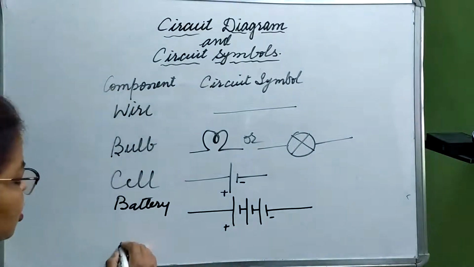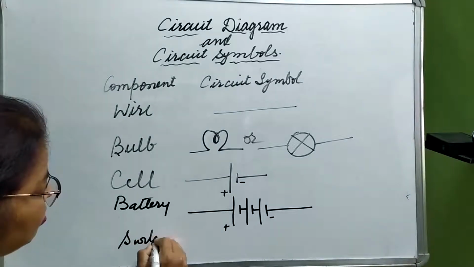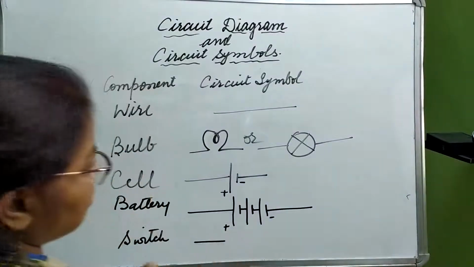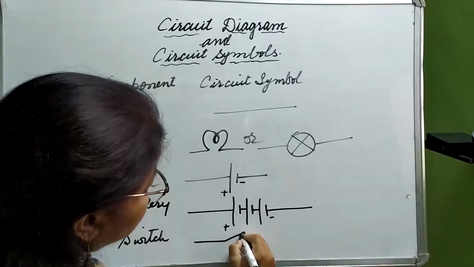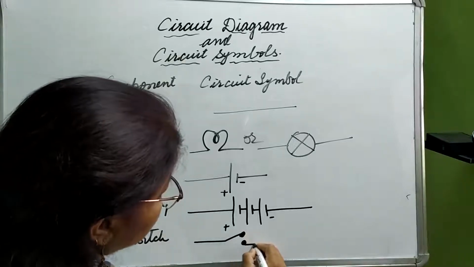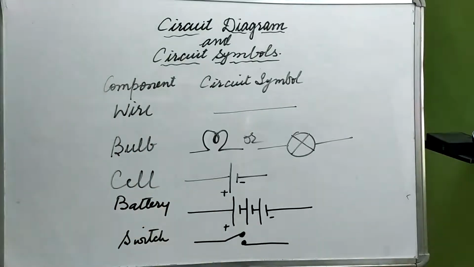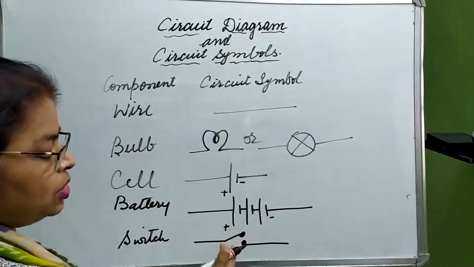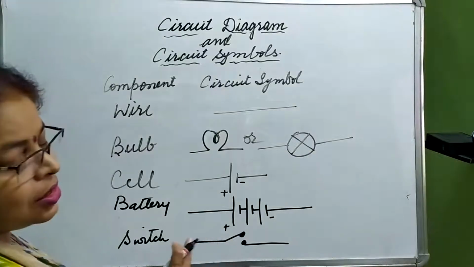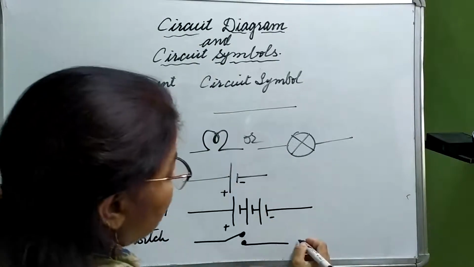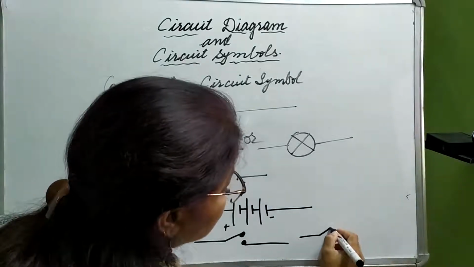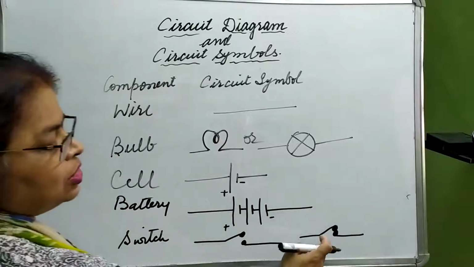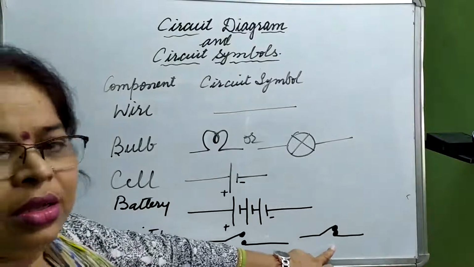Now next is the switch. I think you are very much familiar. What is the symbol of a switch? A switch is represented like this. This is open, meaning when the switch is in the off position, the circuit is not closed and current is not flowing. And another one is this one, a closed switch, when the switch is on.